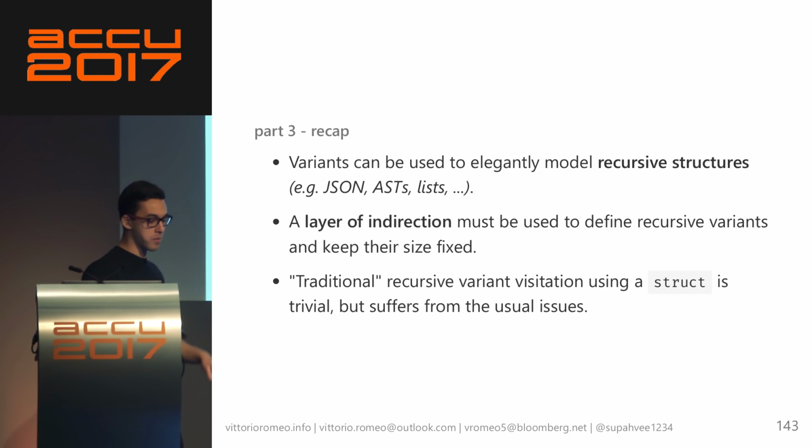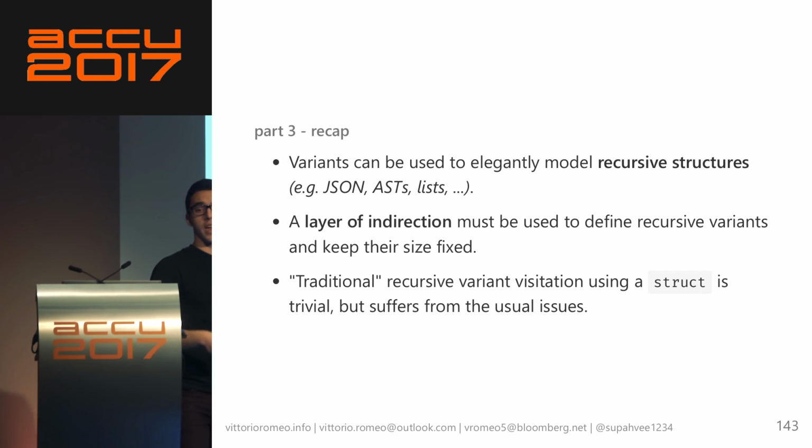Now we have the final recap, and I'm exactly on time. I'm happy about that. So variants can be used to elegantly model recursive structures like JSON, AST, or lists, or whatever you think of. But since you need to keep their size fixed, you need some sort of layer of indirection. And that can be a unique pointer, std vector, any structure that works with incomplete types.